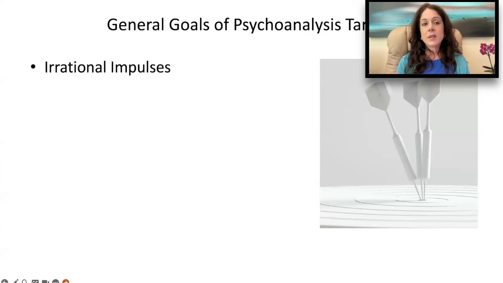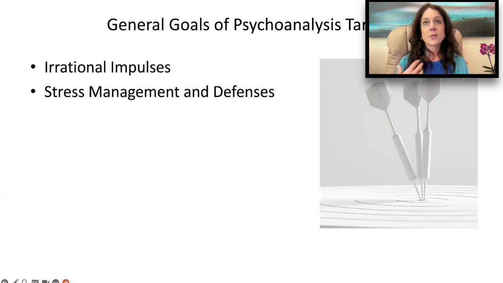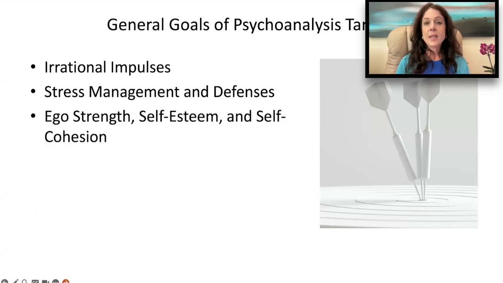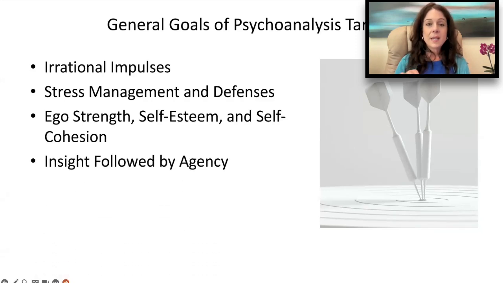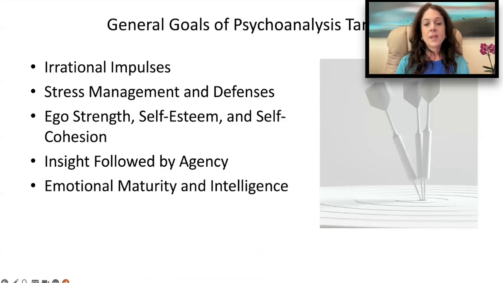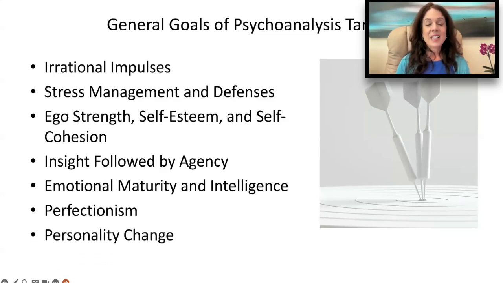So obviously addressing irrational impulses that may be around substances or sex or anger management, right? Stress management and defenses are things they will focus on. Creating ego strength so you can tolerate tension and conflict with others in healthy ways, building self-esteem and self-cohesion, developing insight followed by agency and action, developing emotional maturity and emotional intelligence, reducing perfectionism, and restructuring personality, especially in psychoanalysis.